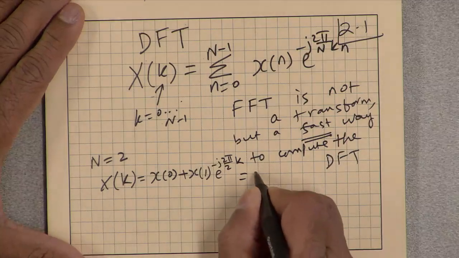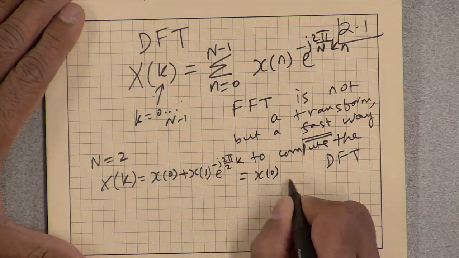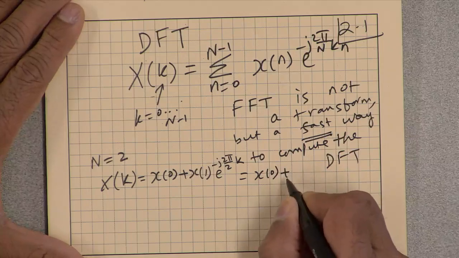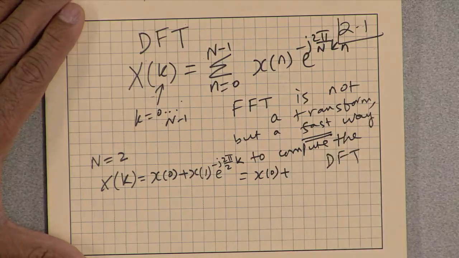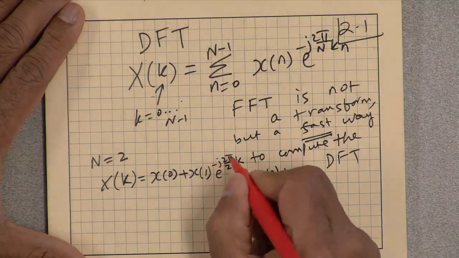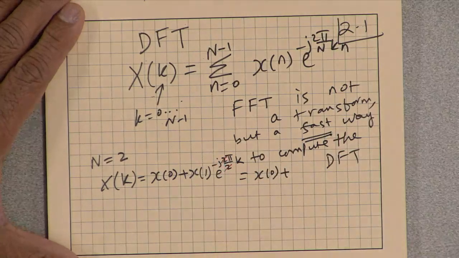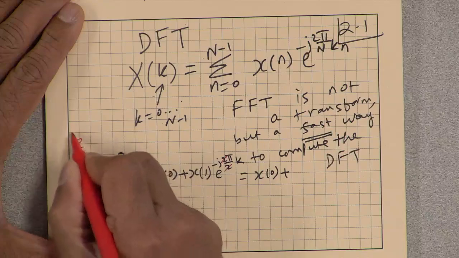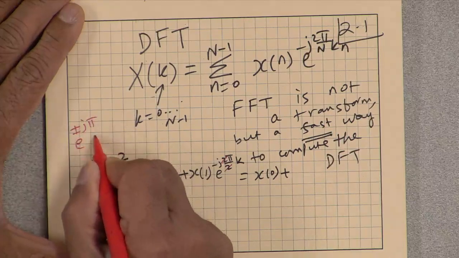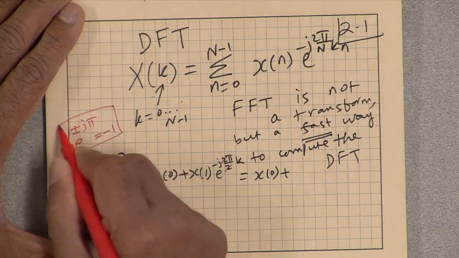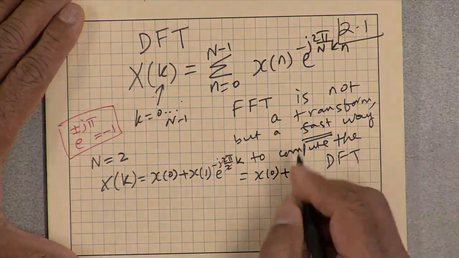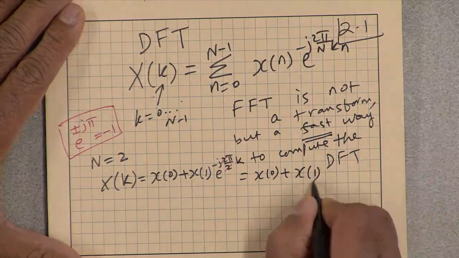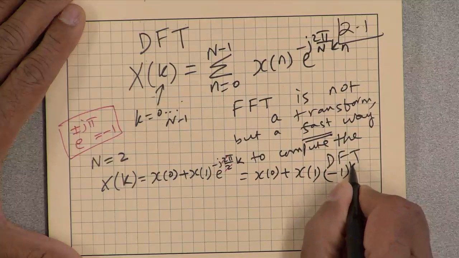That equals x0 plus e to the power minus j pi, which is minus 1, since 2 cancels out. So we can write that as x1 times minus 1 to the power k.